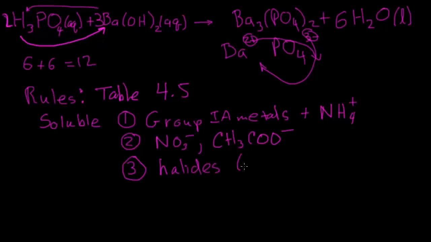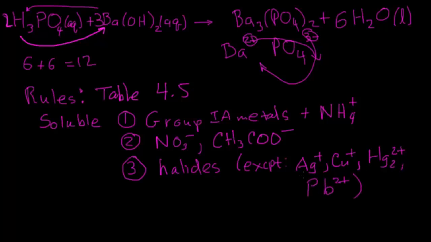So halides except, I'm going to write EXCPT, except the halides of silver +1, copper 1, mercury 1, and lead 2+. So there are kind of some exceptions here. So most of the halides, so like anytime you have a chloride paired with something, it's pretty much going to be soluble unless it happens to be paired with one of these metals, and then it's going to be insoluble.